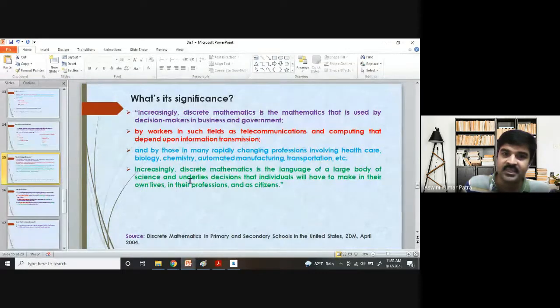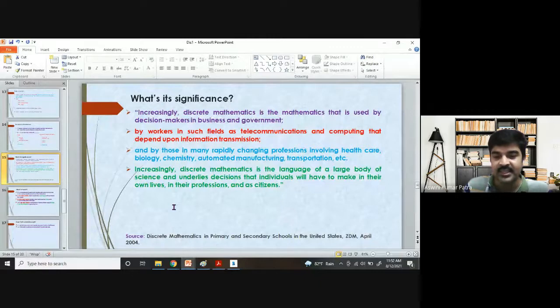I have colored all these things for objectives. The last objective is that discrete mathematics is the language of a large body of science and underlies decisions that individuals will have to make in all walks of their life.